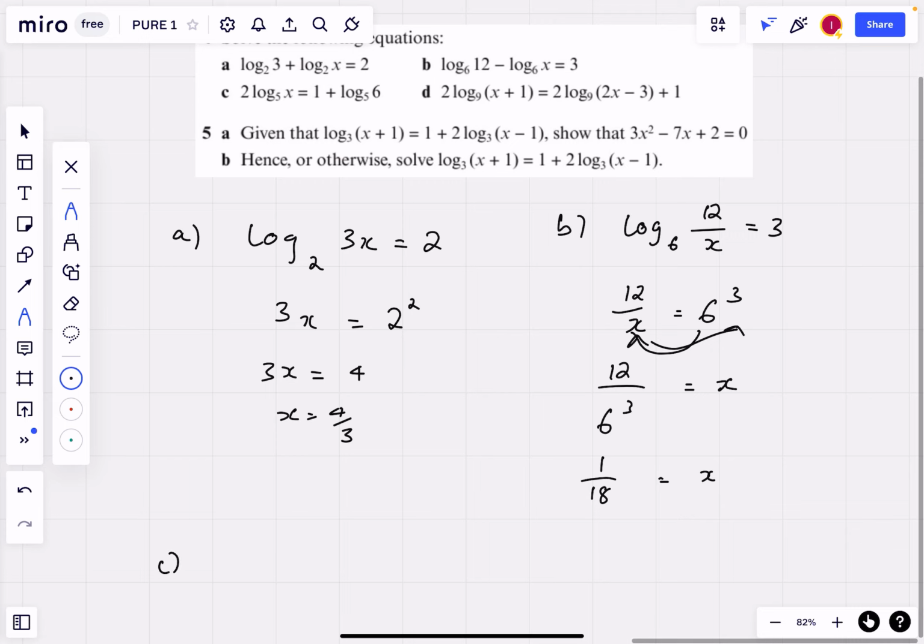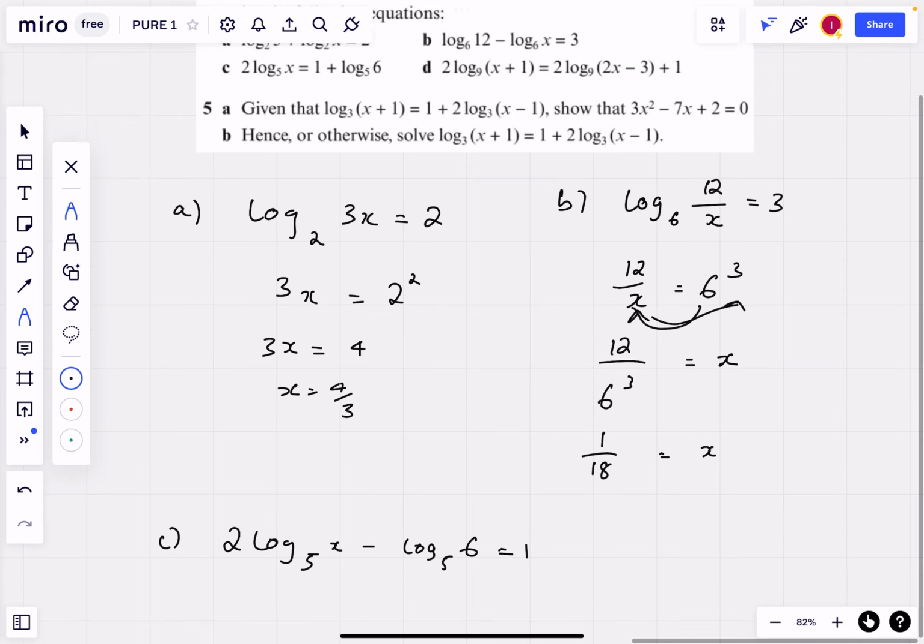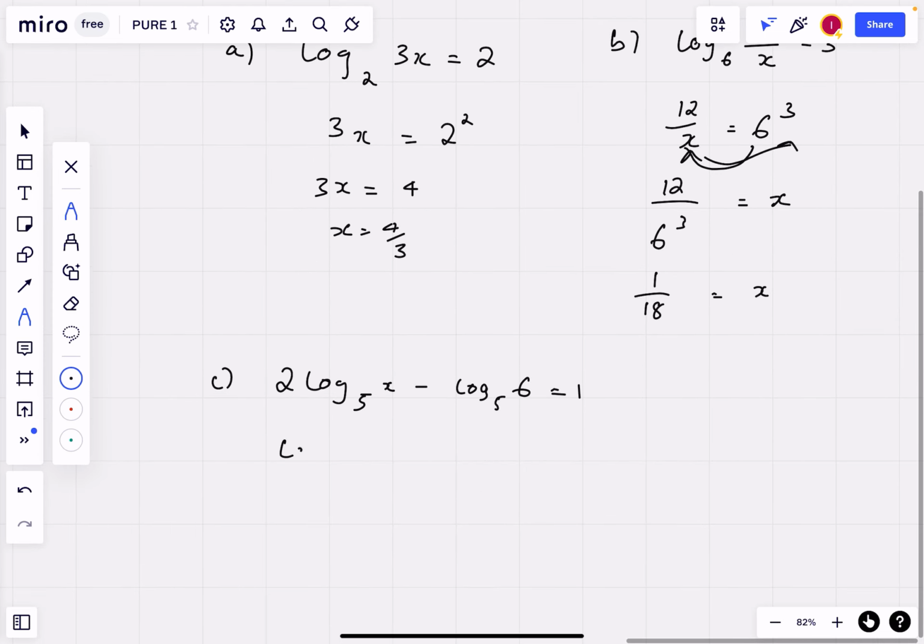Part C. You want to put all the logs on one side. 2 log base 5 of x minus log base 5 of 6 equals 1. Use the power rule, like that.